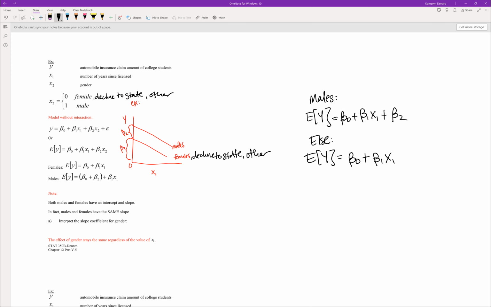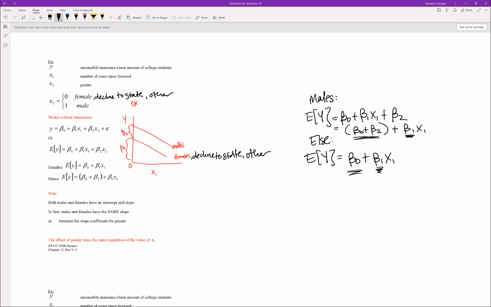So we can rearrange the first equation to be beta 0 plus beta 2 plus beta 1 X1. What this is saying is that both groups have the same exact slope, the same beta 1. But the real difference is their intercept. For the group of males, the intercept is beta 0 plus beta 2, and for everyone else in our study, the intercept is just beta 0.